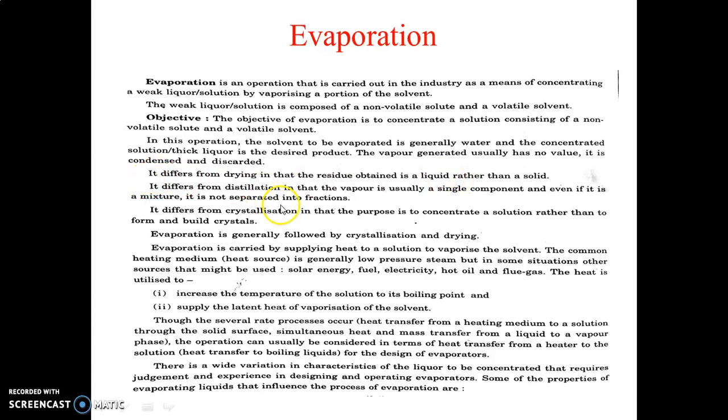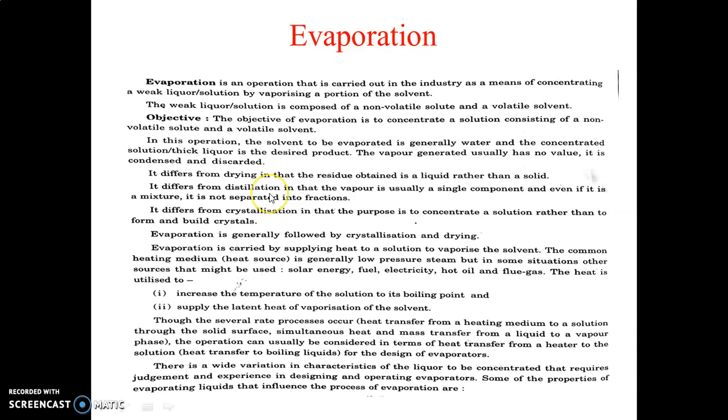Similarly, there is another operation called distillation. How is it different from evaporation? It differs from distillation in that the vapor is usually a single component, and even if it is a mixture, it is not separated into fractions.